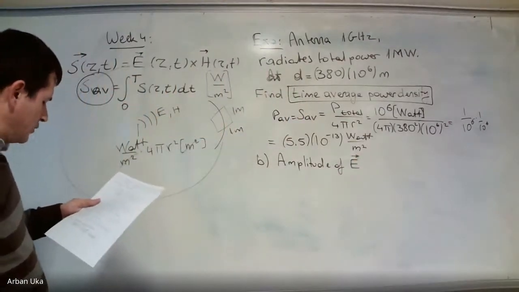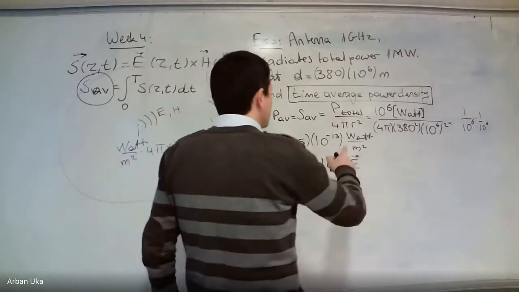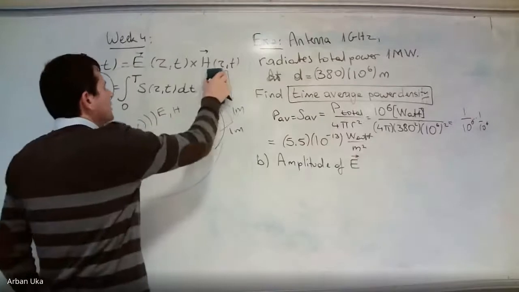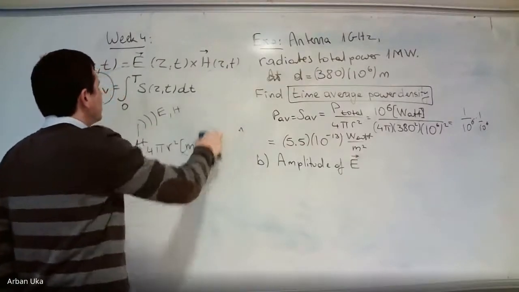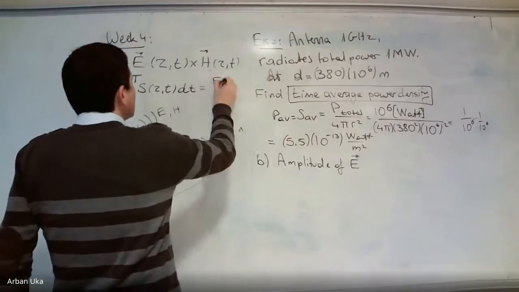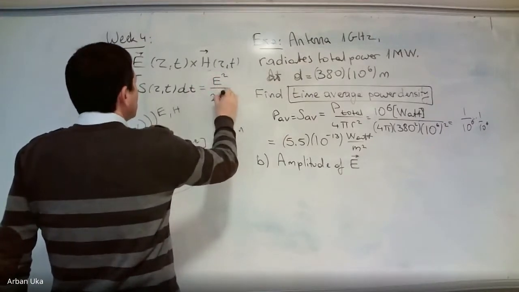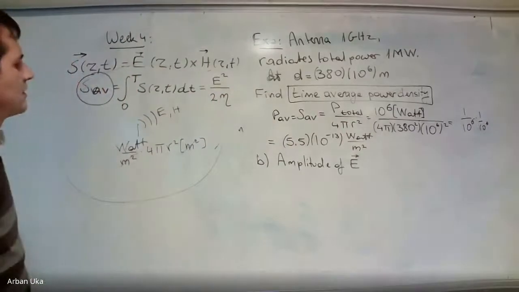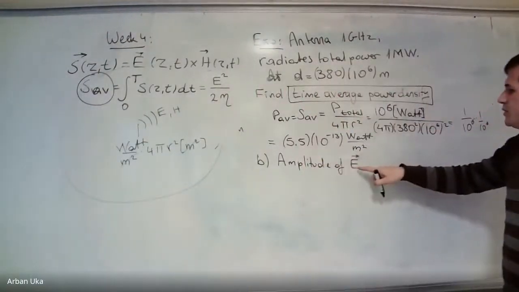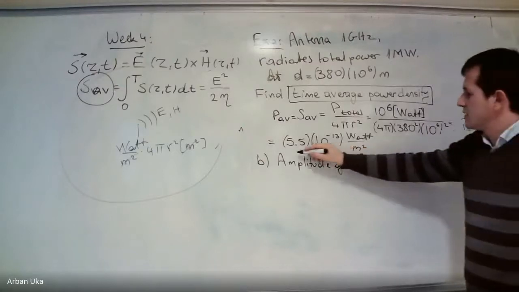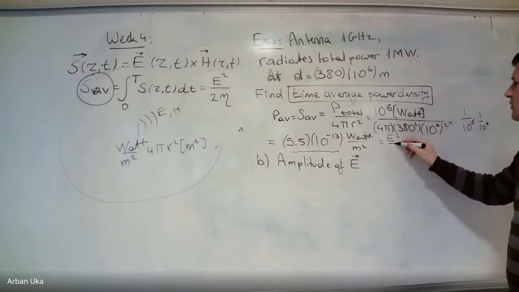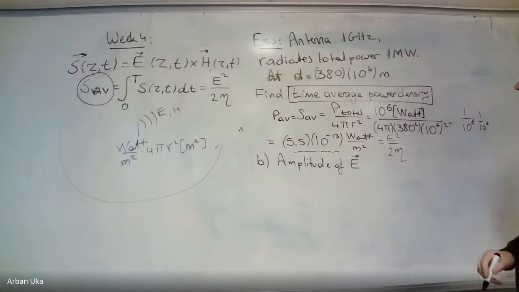Now, for the amplitude of E, we know that this quantity, if we take away the unit for a moment, is equal to the amplitude squared divided by 2 times the intrinsic impedance. So when we are asked to find the amplitude of E, this number would be equal to E squared over 2 intrinsic impedance.